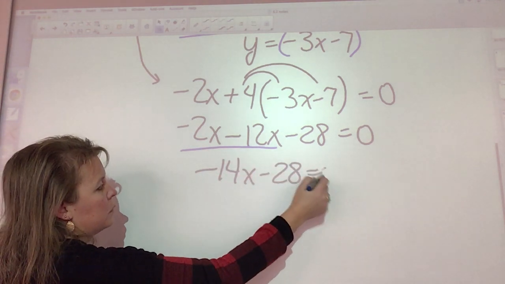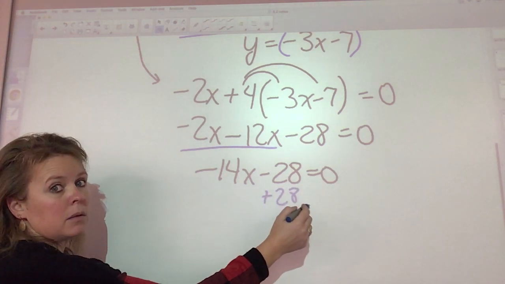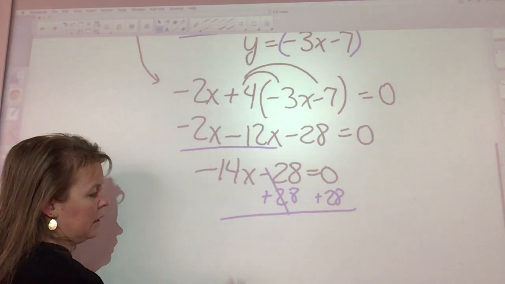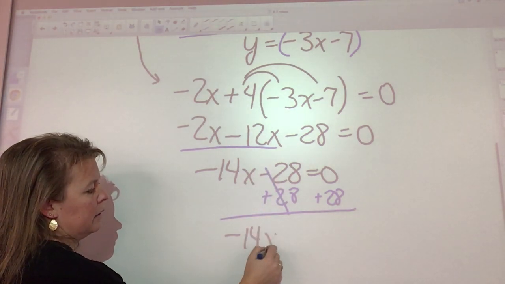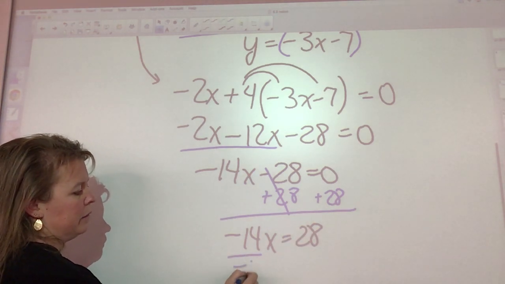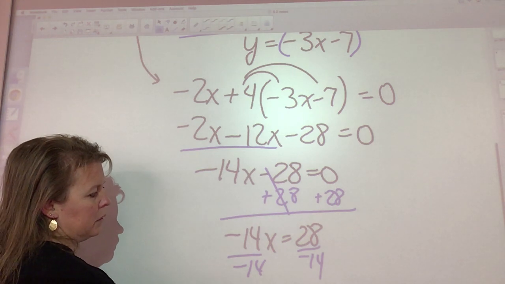Minus 28 equals 0. 2 more steps. Add 28 to both sides. You get negative 14x equals 28. And when you divide by negative 14, it's x equals negative 2.